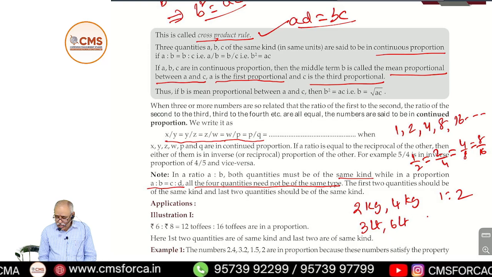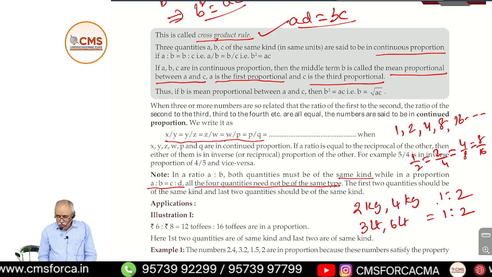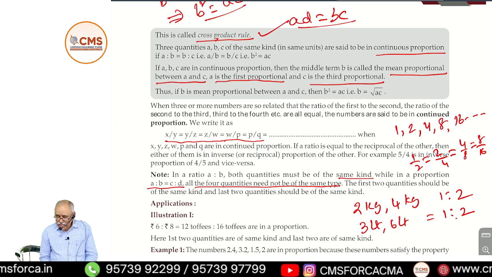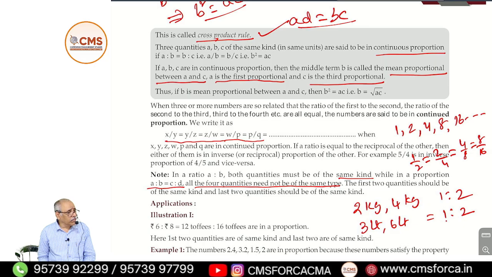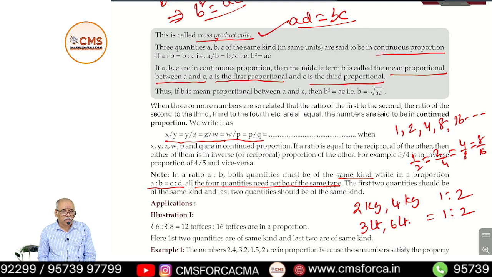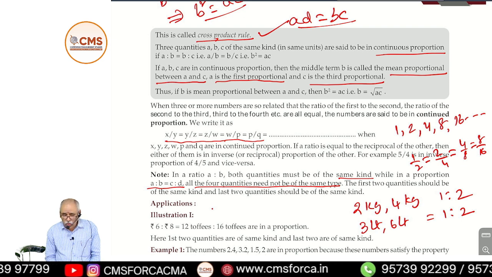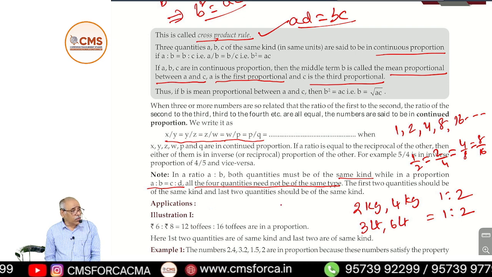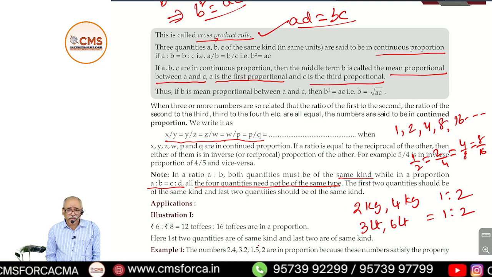What is the ratio here? 1 is to 2. Now tell me, are they same or not? 1 is to 2, 1 is to 2, both are same or not? Because we cancelled kgs and liters. Both ratios are equal. So what I can write here, 2 kgs is to 4 kgs is equal to 3 liters is to 6 liters. Can you write it or not?